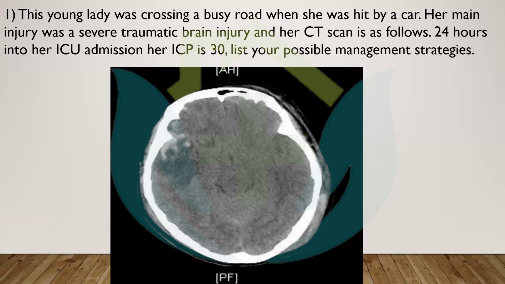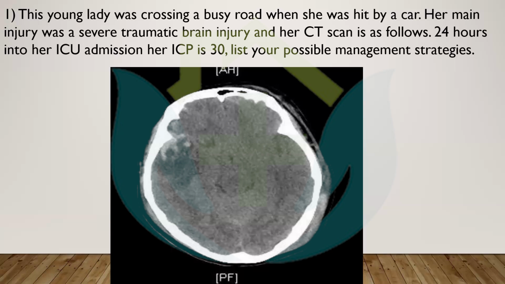What the question is, list your possible management strategies. The question is not to describe the CT. Okay, we'll do ABC. We'll secure her airway and maintain her breathing and maintain hemodynamics. Sorry, Dr. Ahmed, this is a mock test, that is why I'm here in the exam.